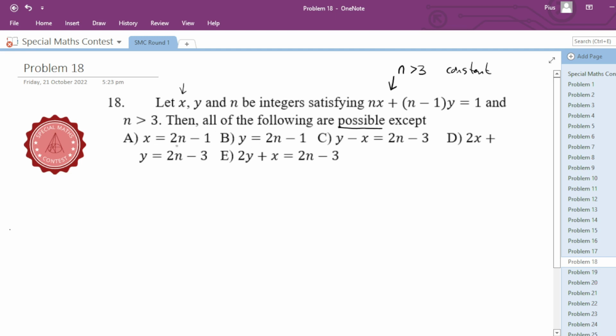So in the first case, we see that this will also have to be an integer by default, and all we need to check now is whether the corresponding y will be an integer. So we just need to plug this into the original equation. I'll just call this star. So if you plug this into star, we have n times (2n minus 1) plus y equal to 1.